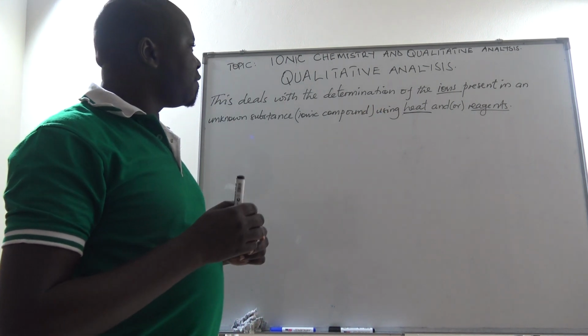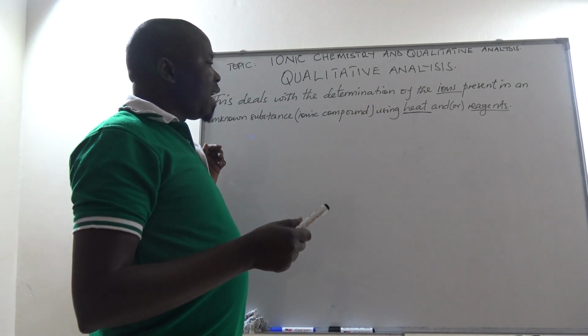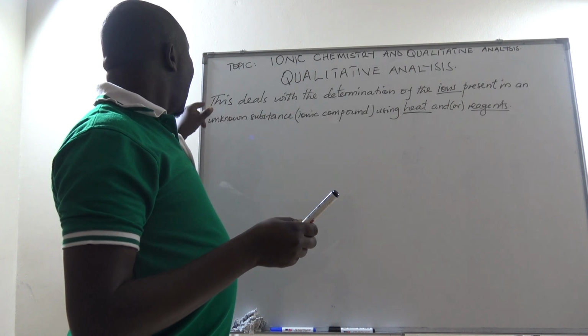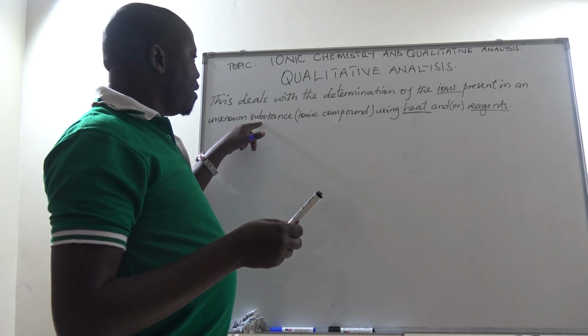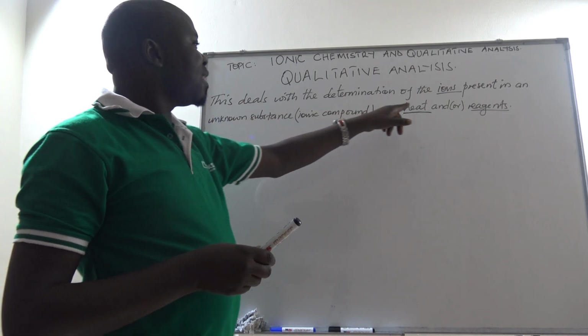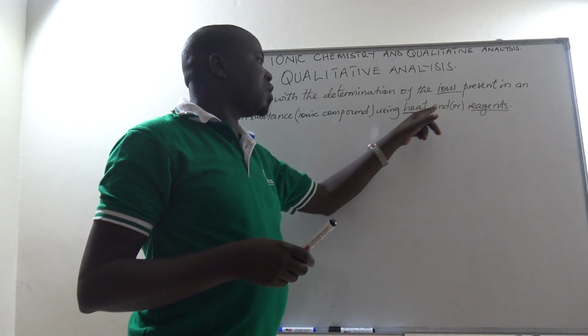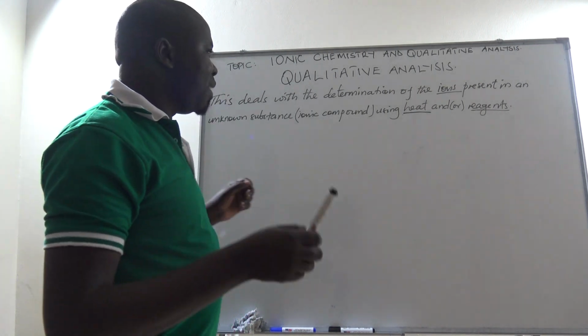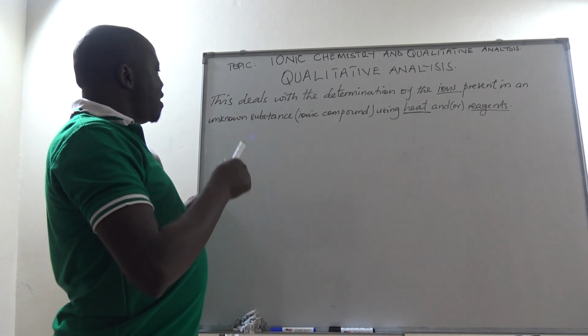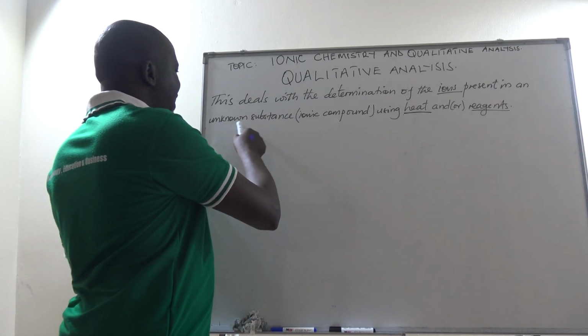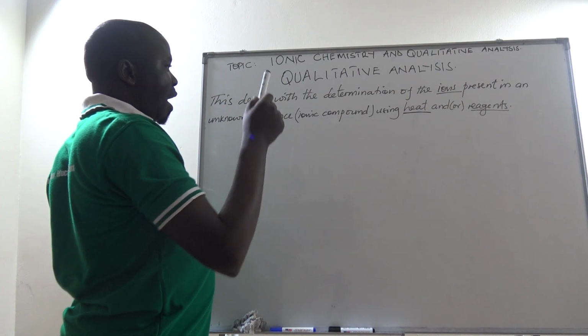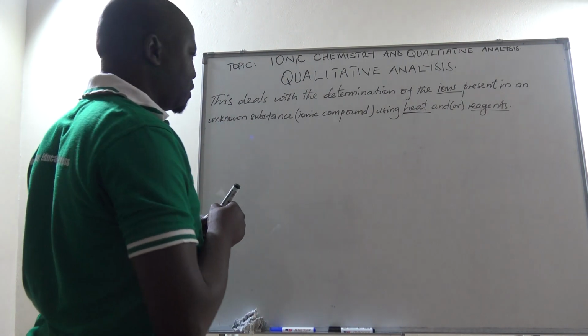So in qualitative analysis, as we look for the unknown ions in the unknown substances here, we shall be using either heat, or we use what? Reagents, or we use both of them in this case to determine the ions present in the substance which has been provided for testing, and we use heat and reagents.